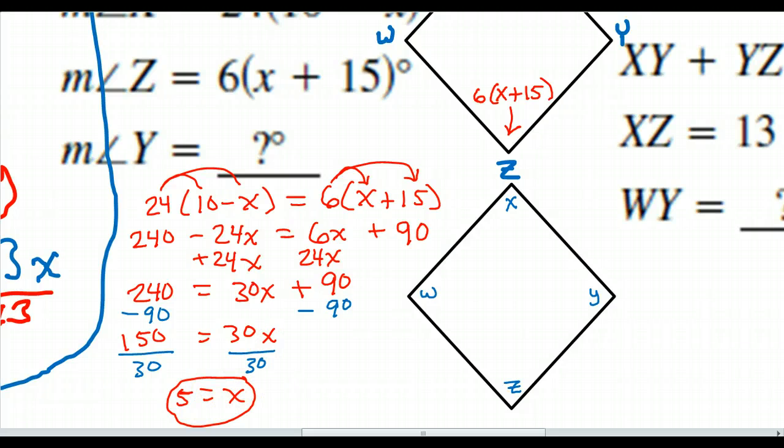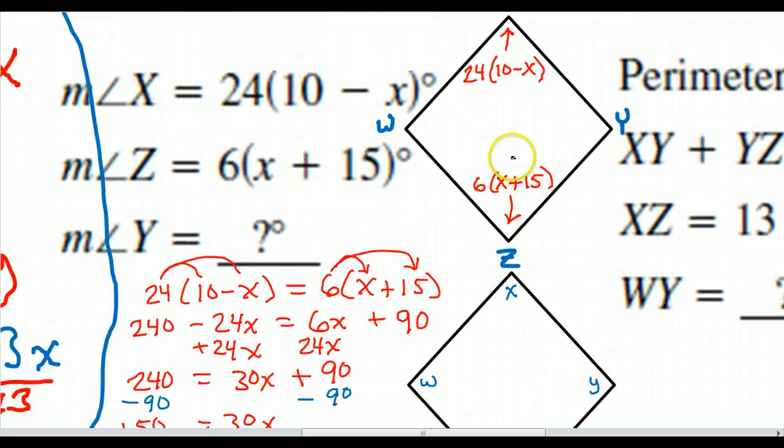If x is 5, then I could just plug 5 in right here for x. That's going to make this become 6 times 5 plus 15. So that's going to be 6 times 20. So that's going to be 120.